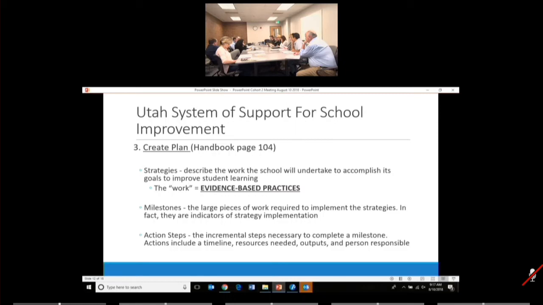The other is moderate evidence, at least one well-designed quasi-experimental study. And if you've taken statistics, experimental means you're randomly selected to a control group or the other group that's being tested. Quasi-experimental means you're not necessarily doing a random selection, you're assigning groups. Then the next level is promising evidence from at least one well-designed and well-implemented correlational study with statistical controls.